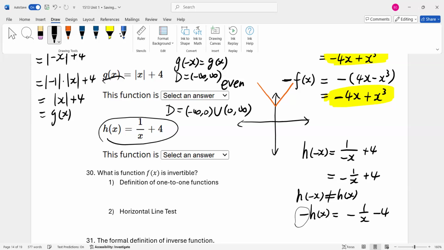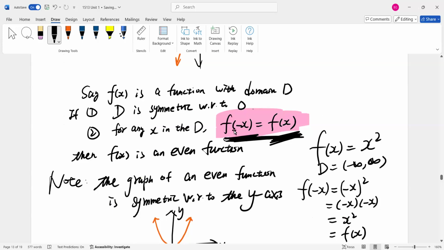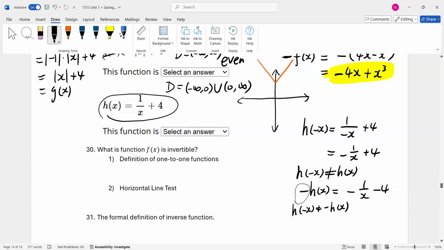So h of negative x is different from negative h of x too. Since none of the conditions are met, this condition is not met, this condition is not met, we know h of x is neither, okay? H of x is neither.